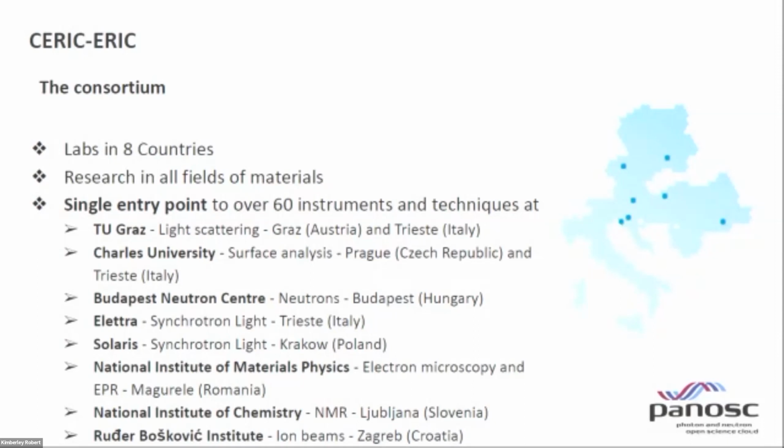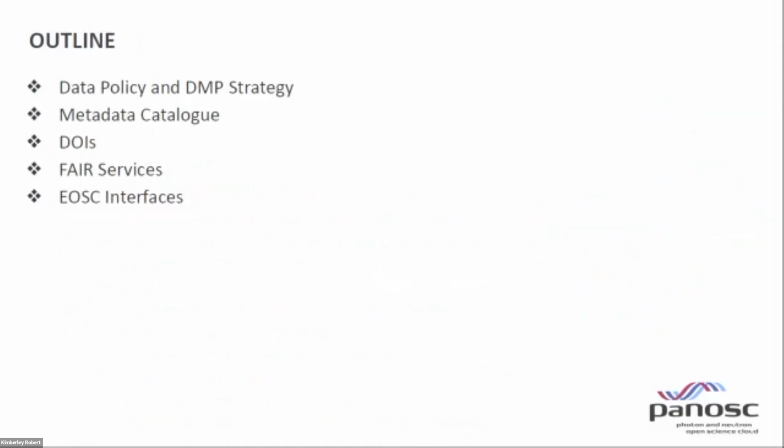Okay, so this is an outline. Here are listed all the achievements that we consider accomplished at some level. So we have the data policy, the DMP, the metadata catalog, the DOI minting, the file services, and EOSC interfaces.